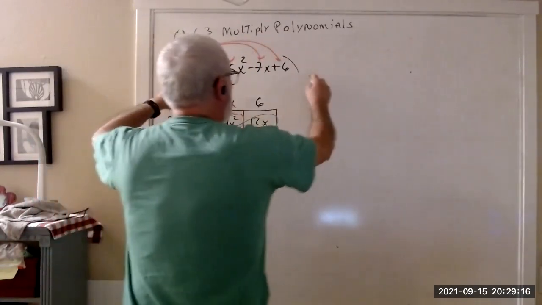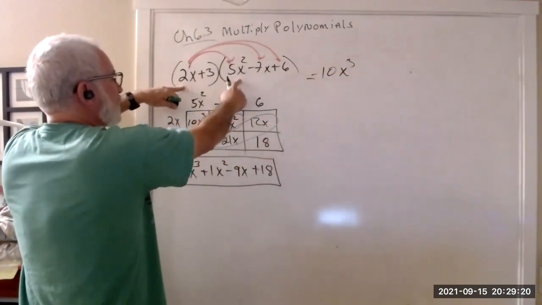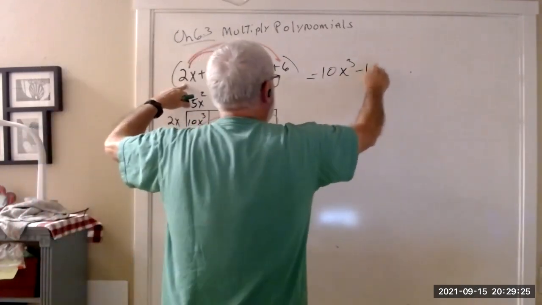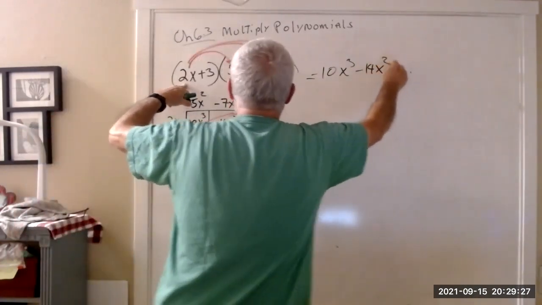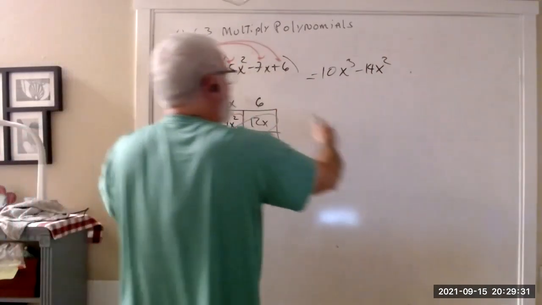2x times 5x squared is 10x to the third, 2x times minus 7 is minus 14x squared, and 2x times 6 is plus 12x.